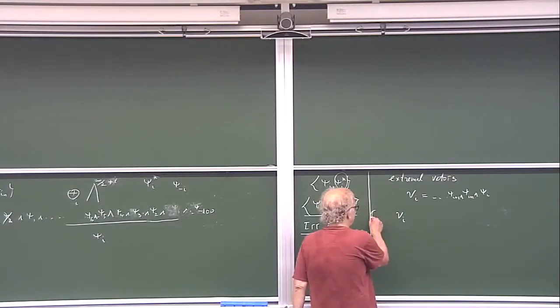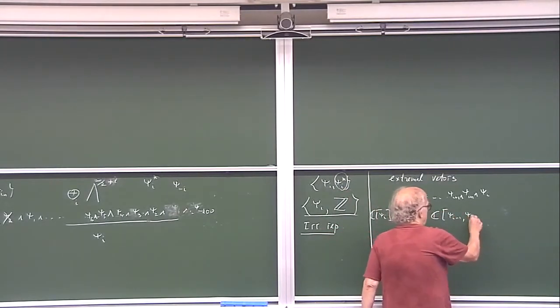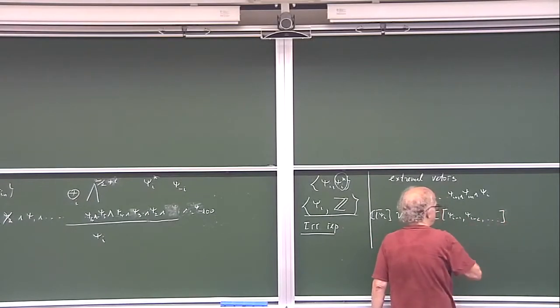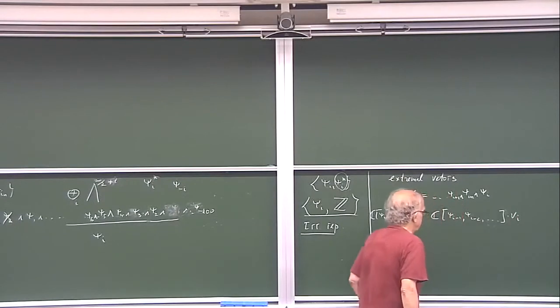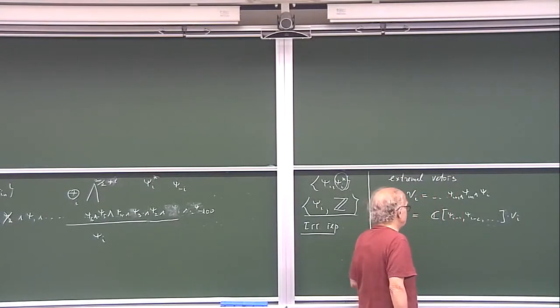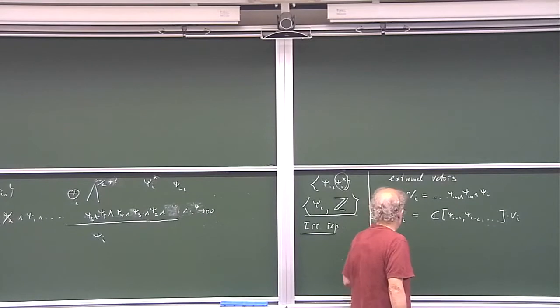And if I act by all psi I to this, what will it be? It will be C psi I minus 1, psi I minus 2, and so on till infinity, and then I acted to Vi. So in some sense it is a natural representation of my algebra of psi I, which is generated by this V, and the annihilation condition is evident from this.